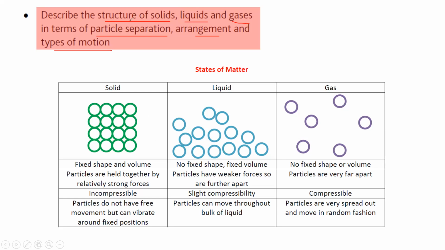You should be able to explain the structure of solid, liquid and gas in terms of particle separation, arrangement and types of motion. When we say particle separation, in solid, the particles are very close to each other. In liquids, the particles are not very close, but they can move around each other. And in gases, the particles are far away from each other.